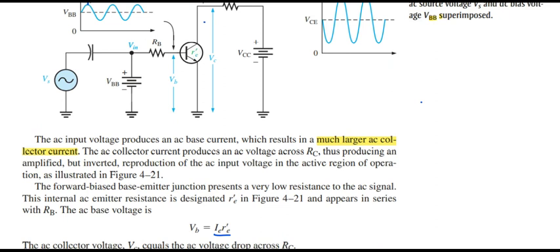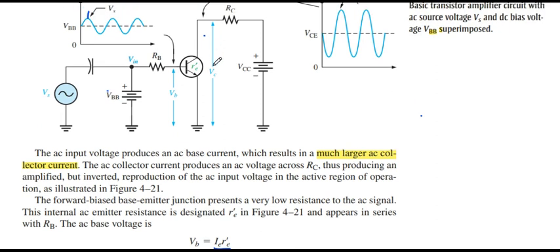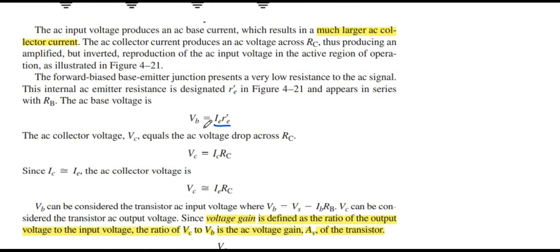While VC is equal to IC and RC, we get the output across the load resistance RC. Next, it mentions that IC is nearly equal to IE, because the base current is negligible. So VC is equal to IE times RC.